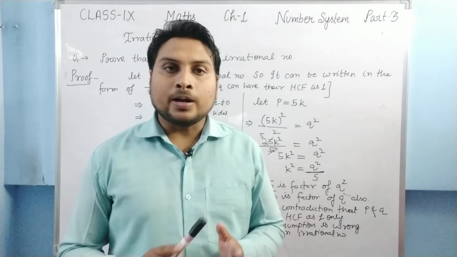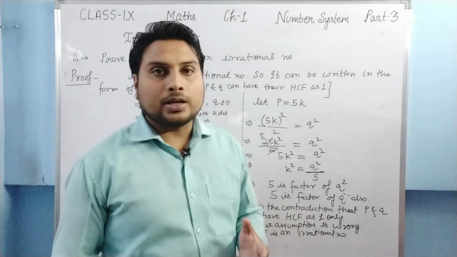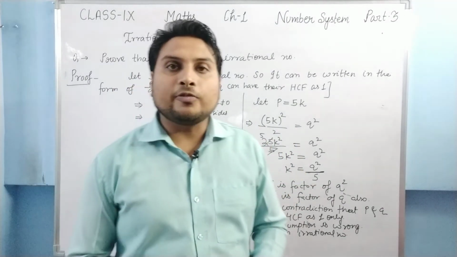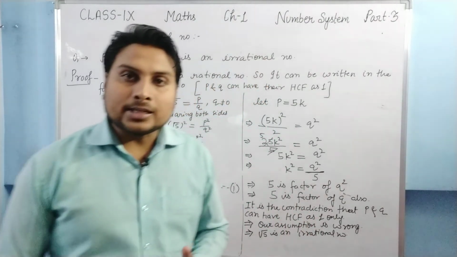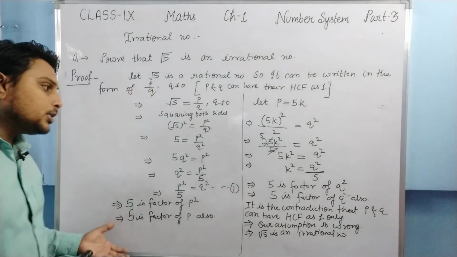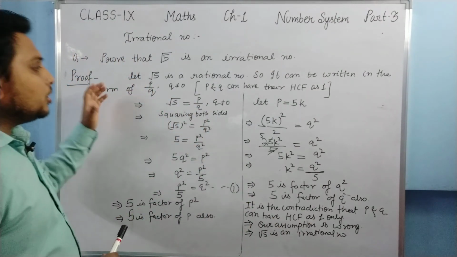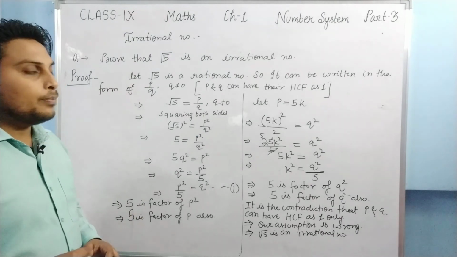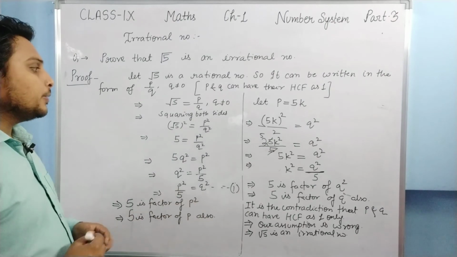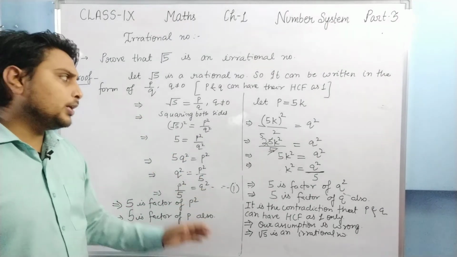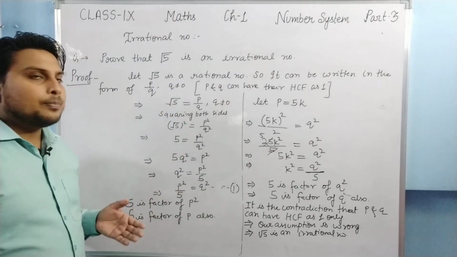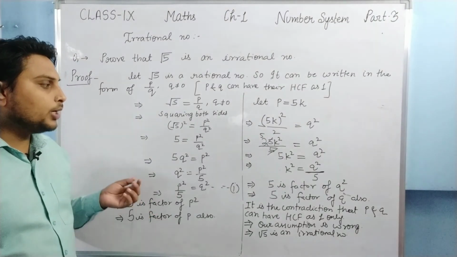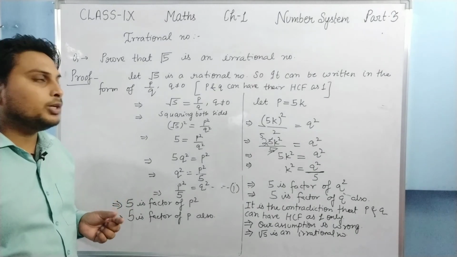But we can make some mistakes also. That is why if you understood this method, then it is very good, because in this method, if you understood it properly, each step is related to the previous step, so there are very few chances of making a mistake.